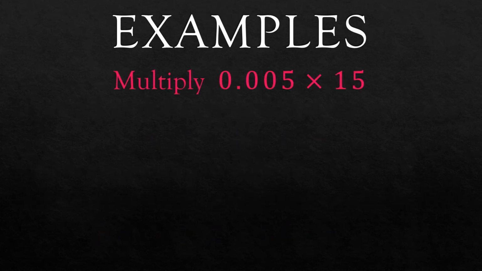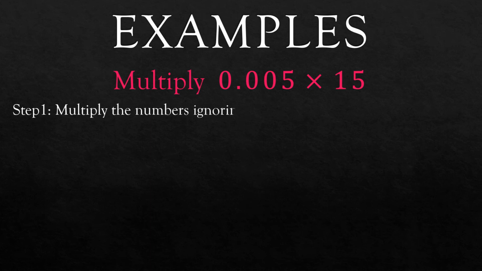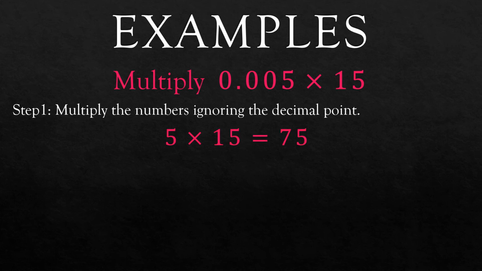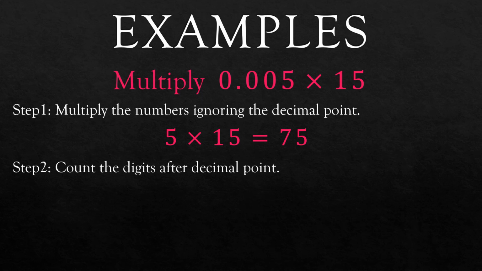Let us solve one more example. 0.005 multiplied by 15. Step 1. Multiply the numbers ignoring the decimal point. 5 multiplied by 15. 15 5s are 75. So write down 75. Step 2. Count the digits after the decimal point in 0.005, which is 3.